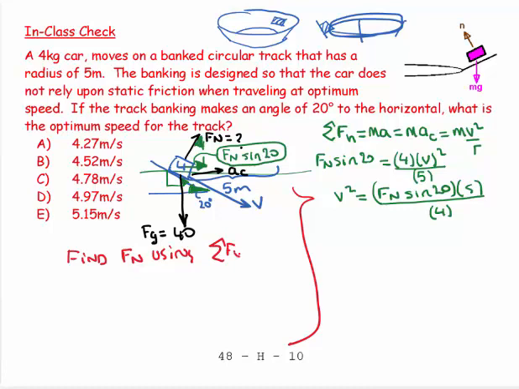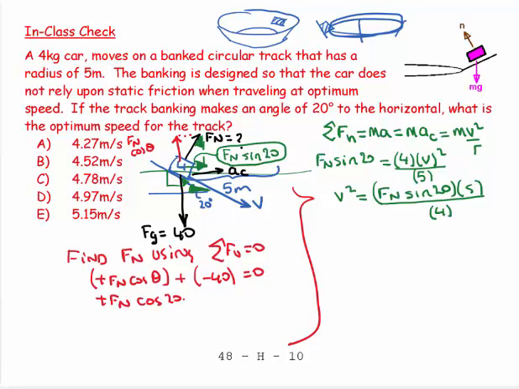The sum of the forces vertically equals 0. Again, I need this vertical component. This will be Fn cosine theta. I say plus Fn cosine theta added to minus 40 is equal to 0. I actually know it's cosine 20, so I can say plus Fn cosine 20 is equal to 40.